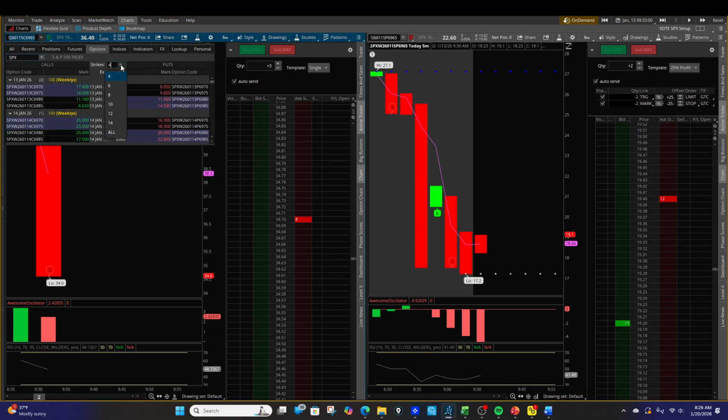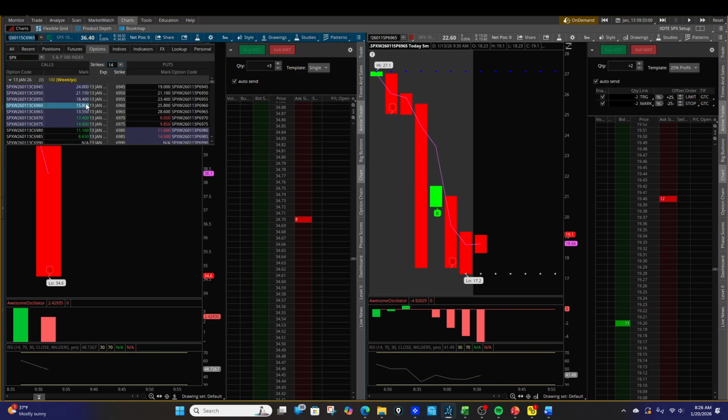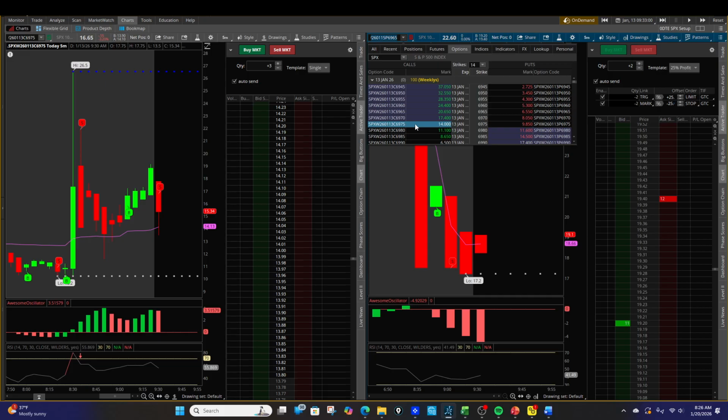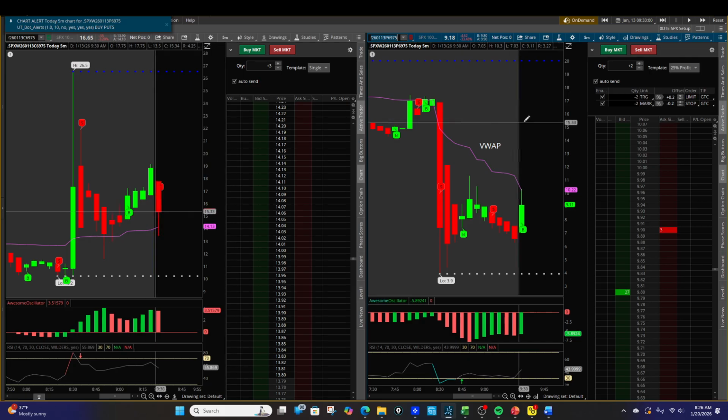Okay, now I like to look at about 14 strike prices at a time. So here what I do is I go for the first purple bar on the left side, because that's the call side. Select it. I come over to the put side and I select the one that's directly opposite from that. So both of these say 69.75.